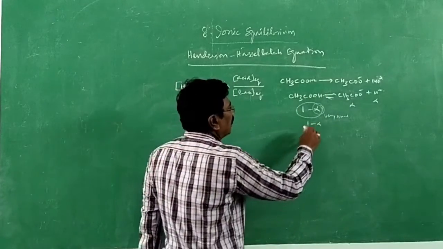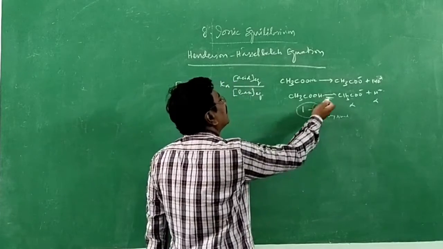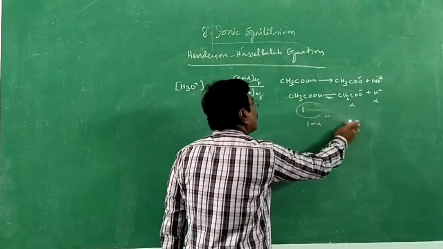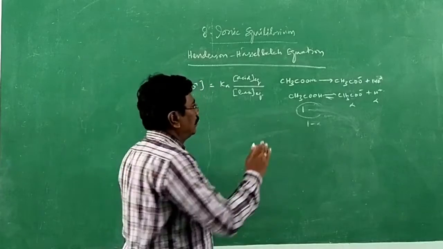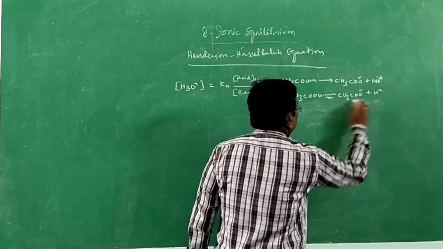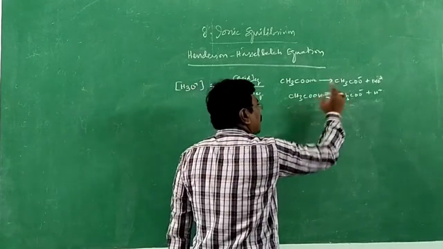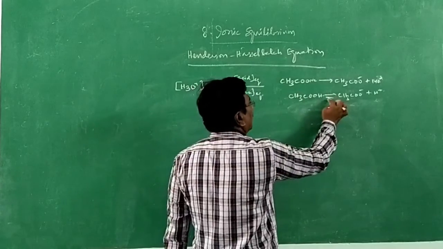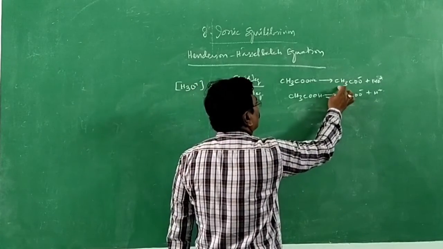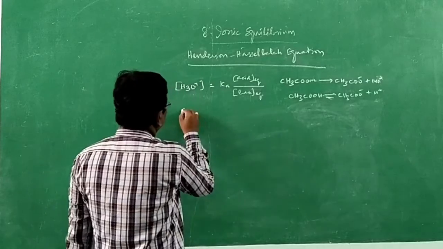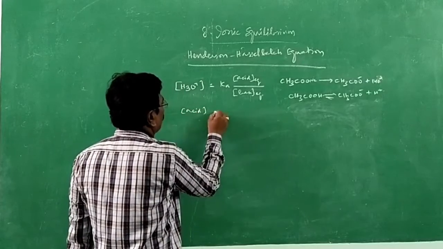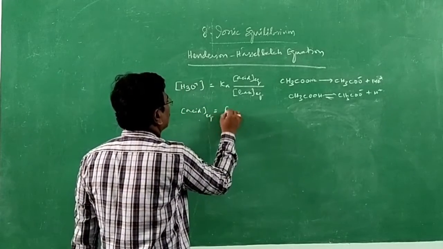And therefore, alpha can be neglected, and I can take the initial concentration of acetic acid. Acetic acid is a weak acid. It ionizes slightly, and its ionization is suppressed due to common ion effect. Therefore, the equilibrium concentration of acid may be taken as the initial concentration of acid.